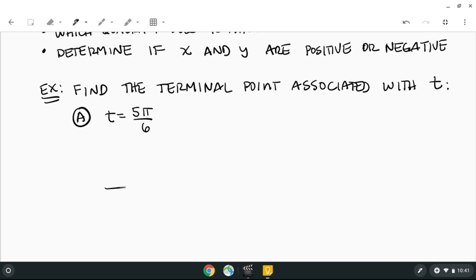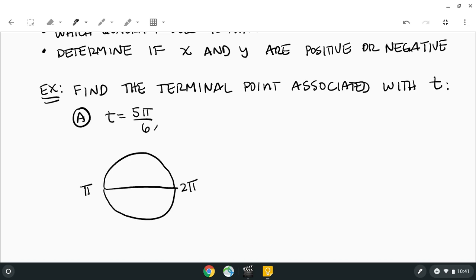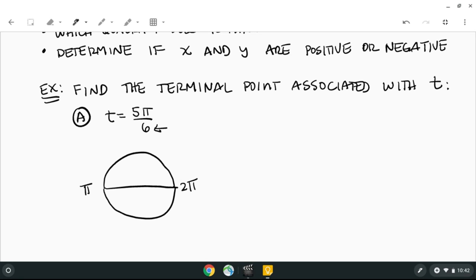So over here, here's pi, here's 2 pi. My half circle is cut into 6 pieces. There we go.